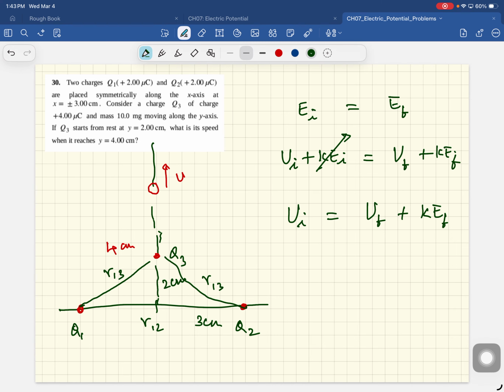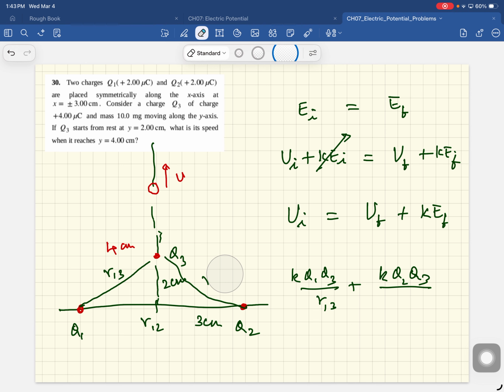Okay. The energy of the third charge. So it's just messy. So 1/2 mv squared equal to 2K Q Q3 times 1 over R initial minus 1 over R final.